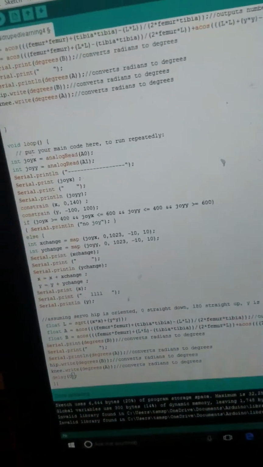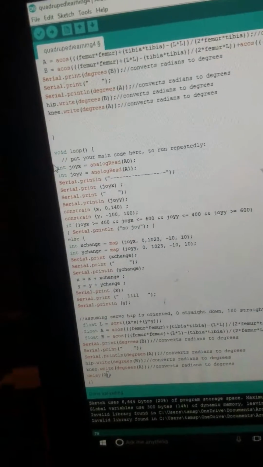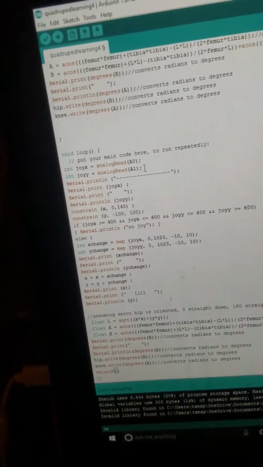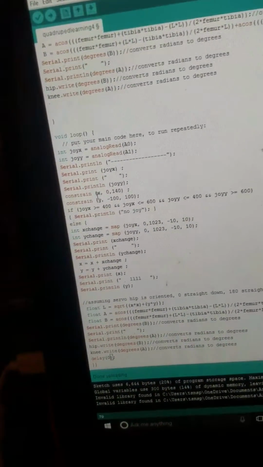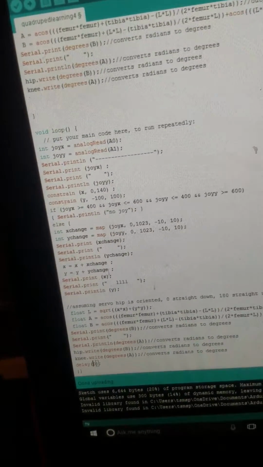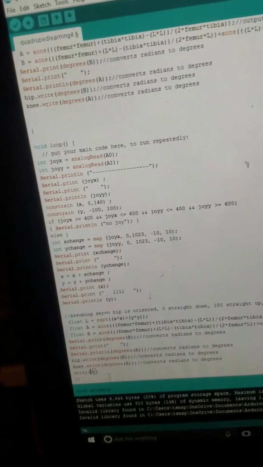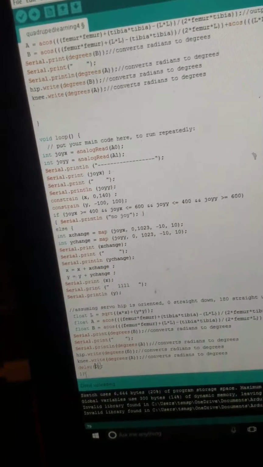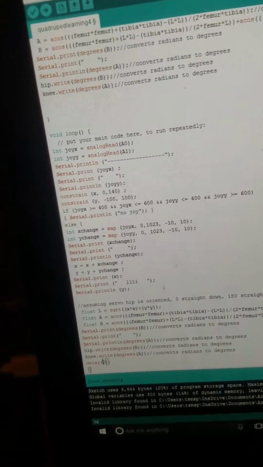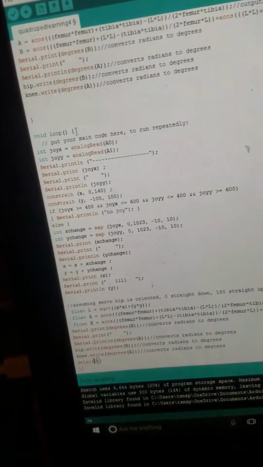And then it starts over at loop. So it reads the joystick angles. X and Y at this point are what they were after this change. So what X and Y were at this point, this little bracket, it goes back up to the top and remembers those XY values.